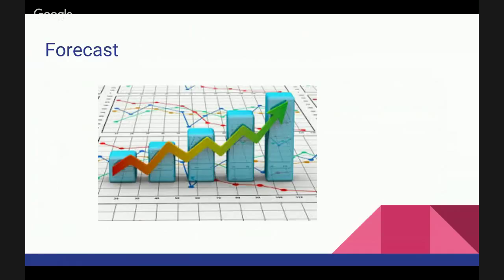Most of the reason for data analysis is for forecasting. We can get future information according to the past information we have. So if the data is right, the data analysis would be almost like the future.